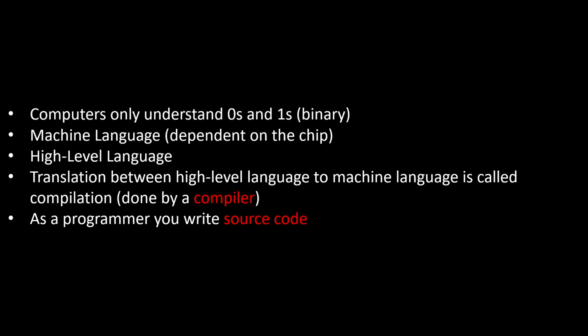It will obviously not run, right? So when it comes to executables, it's not only chip dependent, but it's also operating system dependent, right? Every operating system has its rules on how it wants those zeros and ones, right?